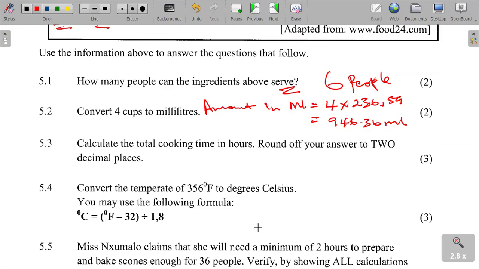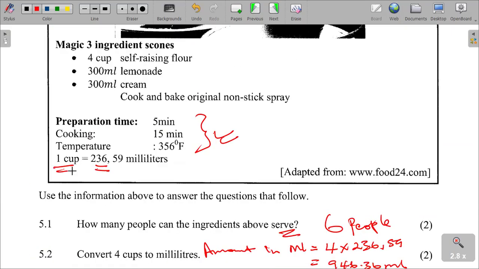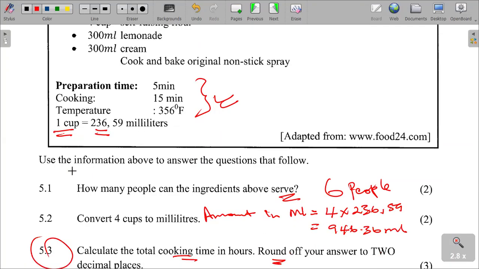Calculate the total cooking time in hours. Round off your answer to 2 decimal places. Total cooking time. If we go there, our total cooking time, preparation time, cooking 15 minutes.